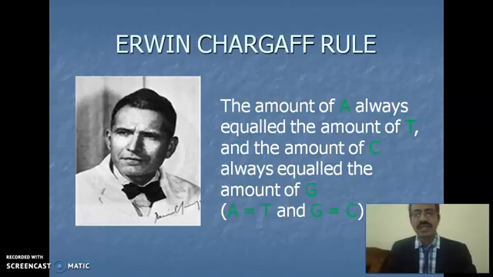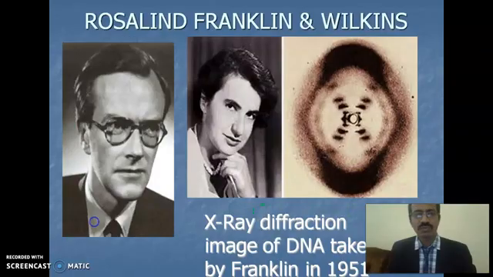That means A plus G is equal to T plus C. That means the amount of A is equal to T, and the amount of C is equal to G. Total number of adenines equals total number of thymines, and total number of cytosines equals total number of guanines. So it is called Erwin Chargaff's rule.